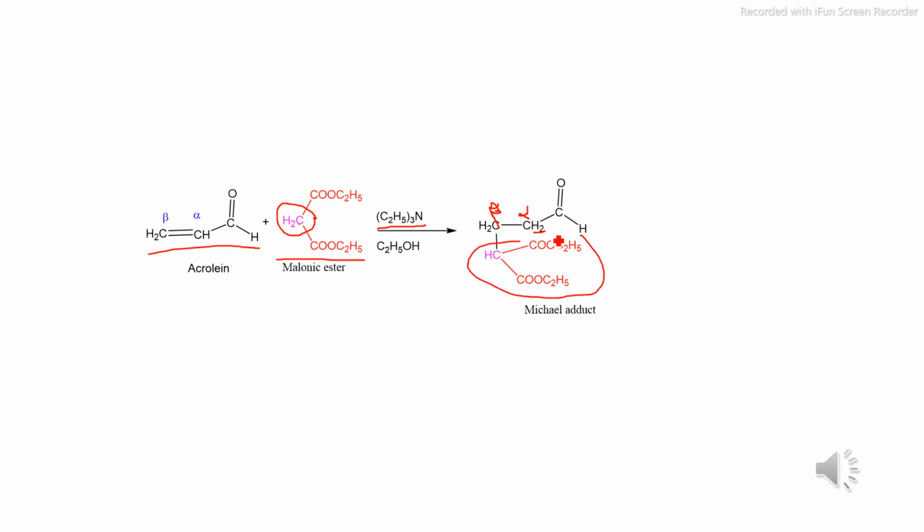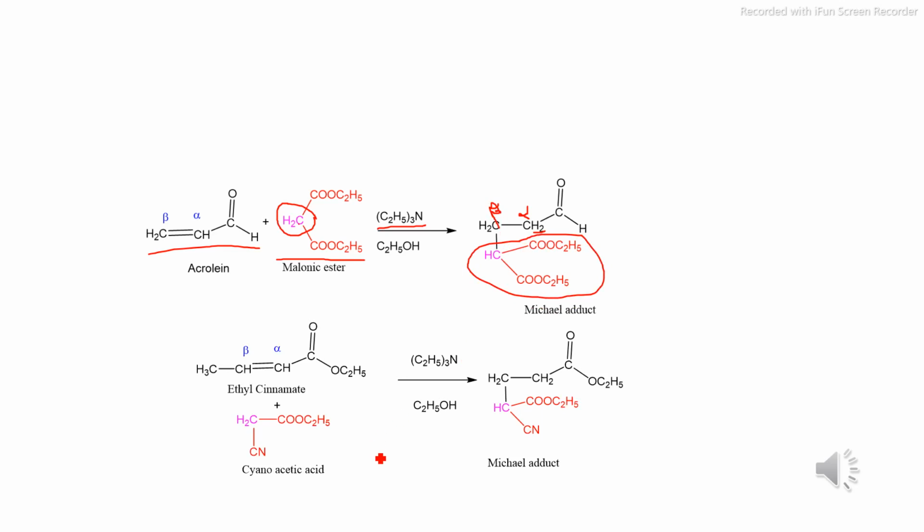Another example is the addition of cyanoacetic acid on ethyl cinnamate. So again we can observe that one of the hydrogen atoms of the active methylene group is attached to the alpha carbon atom, whereas the remaining part of the cyanoacetic acid is attached to the beta carbon atom.